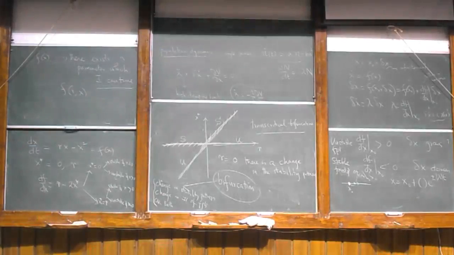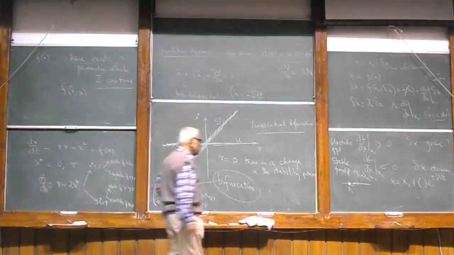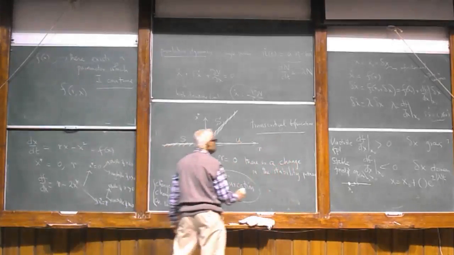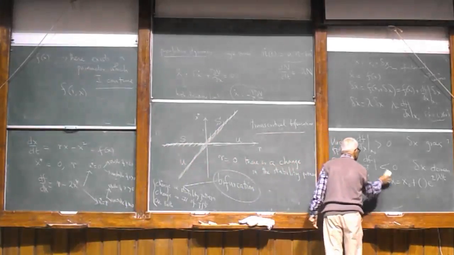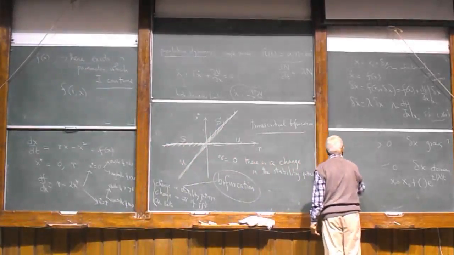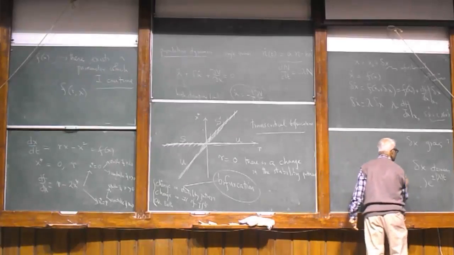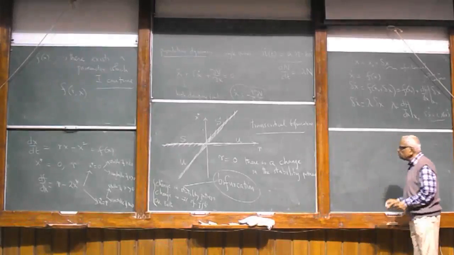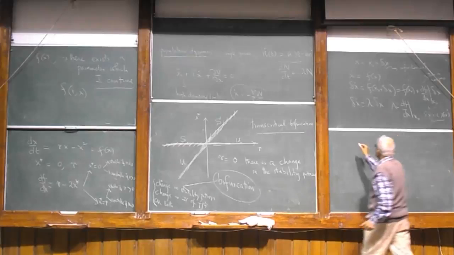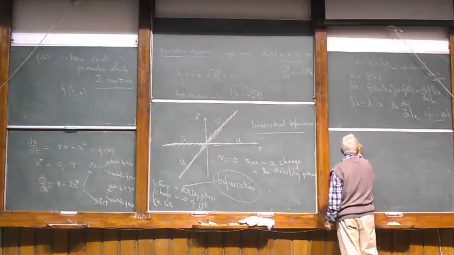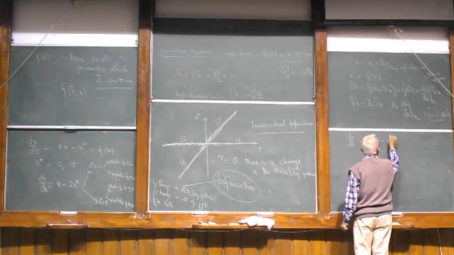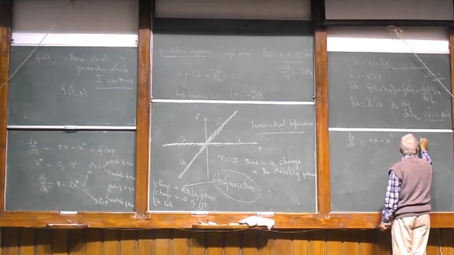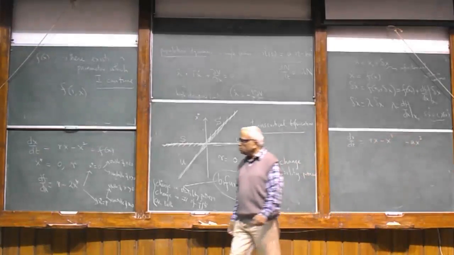Would it still happen? The important thing is that suppose this was dx/dt equal to Rx minus x squared minus a x cubed. Would it still be this?